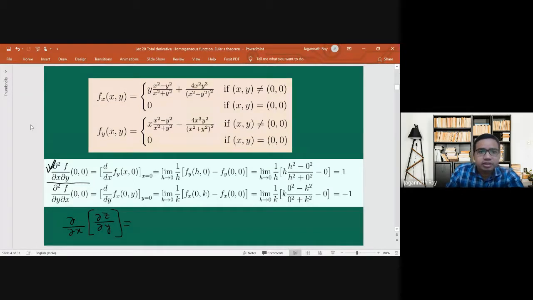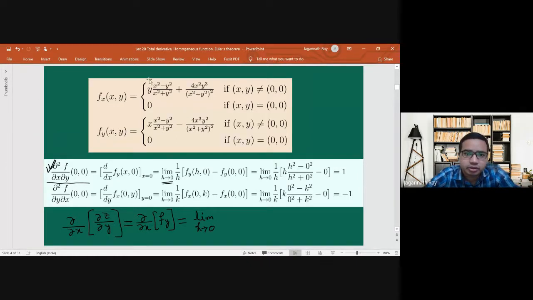By the limiting definition, we have to do this: the limit as h goes to 0.